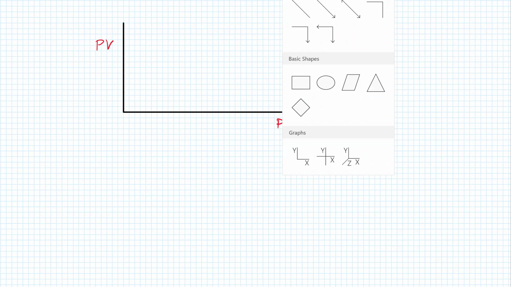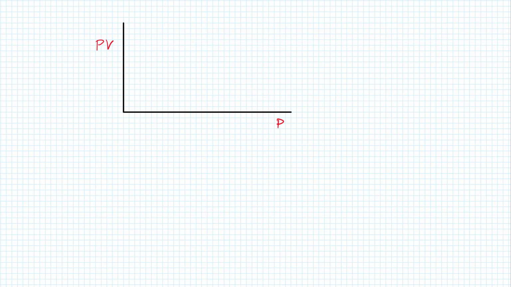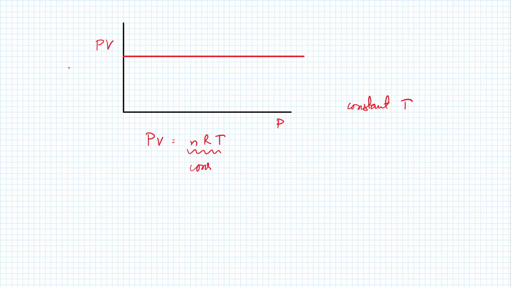What happens in it is it's going to be a constant, right? You understand the point, right? That it's going to be a constant if temperature is constant. So you've got PV is equal to nRT, and these three are constant. And so you get a straight line, right?